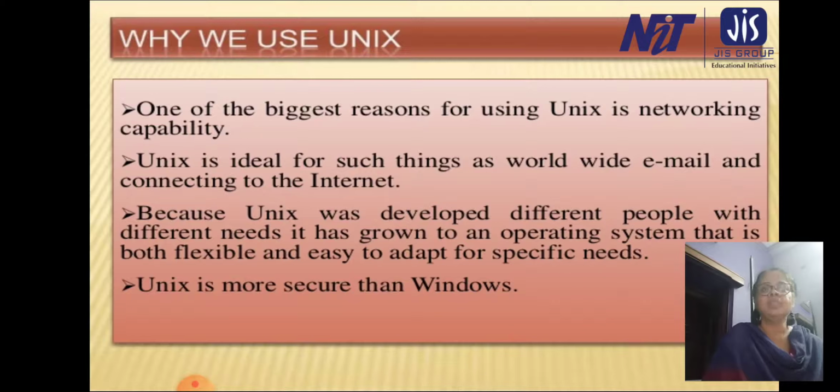Because Unix was developed by different people with different needs, it has grown to an operating system that is both flexible and easy to adapt for specific needs. Unix is more secure than Windows.